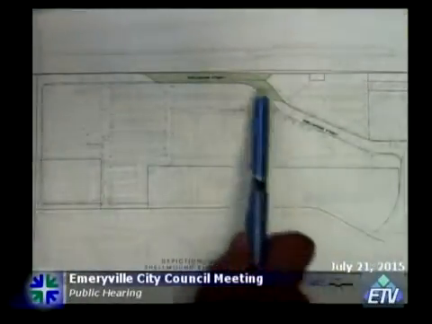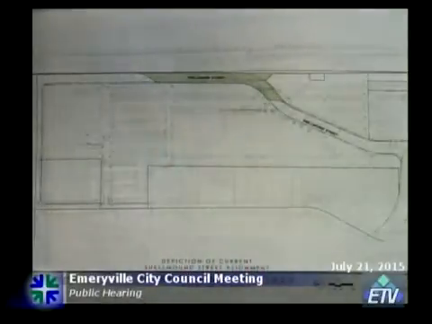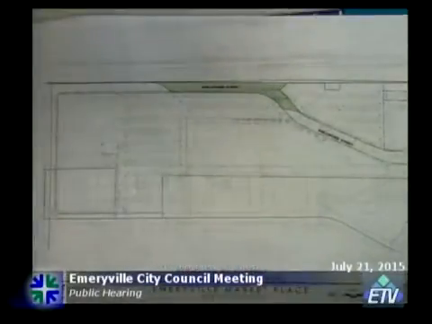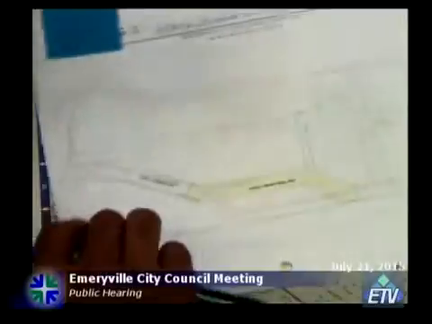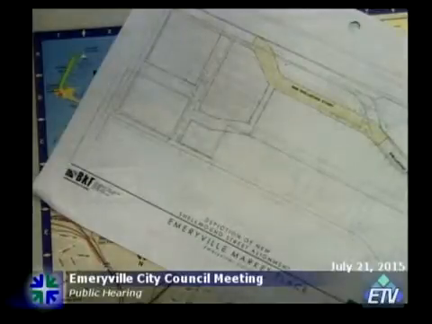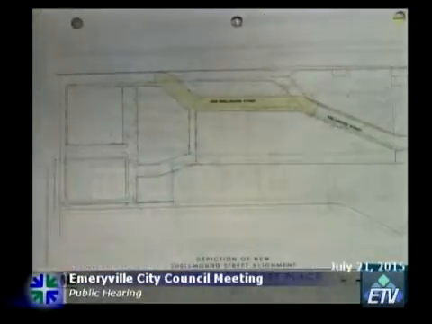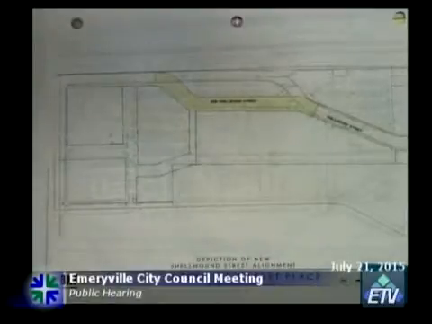And so this is the portion of Shellmound Street that we're talking about. And this map shows where Shellmound would be realigned.